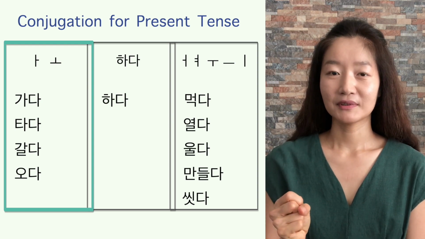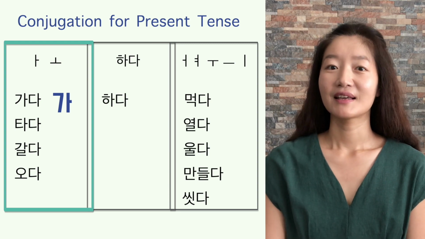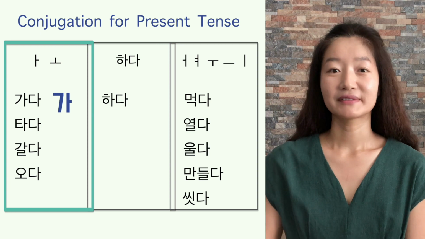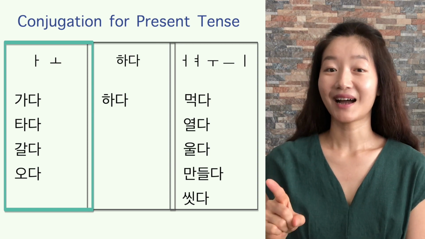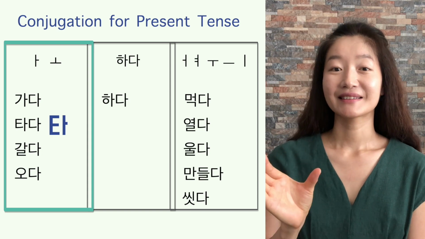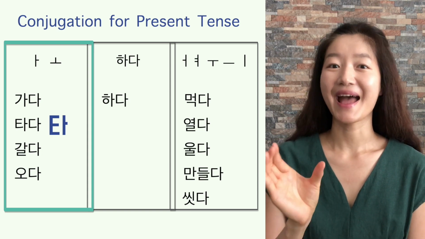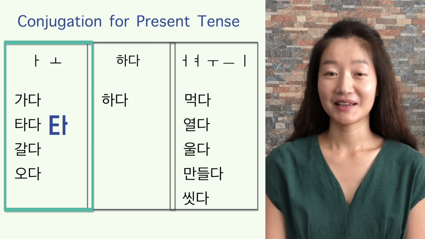For example, 가다, remove 다, so 가 is an actual expression meaning go. Or I go, 나는 가. 타다, to take transportation, remove 다, and 타 has the vowel character. Then you use 타 as it is. 나는 버스 타. I take a bus.